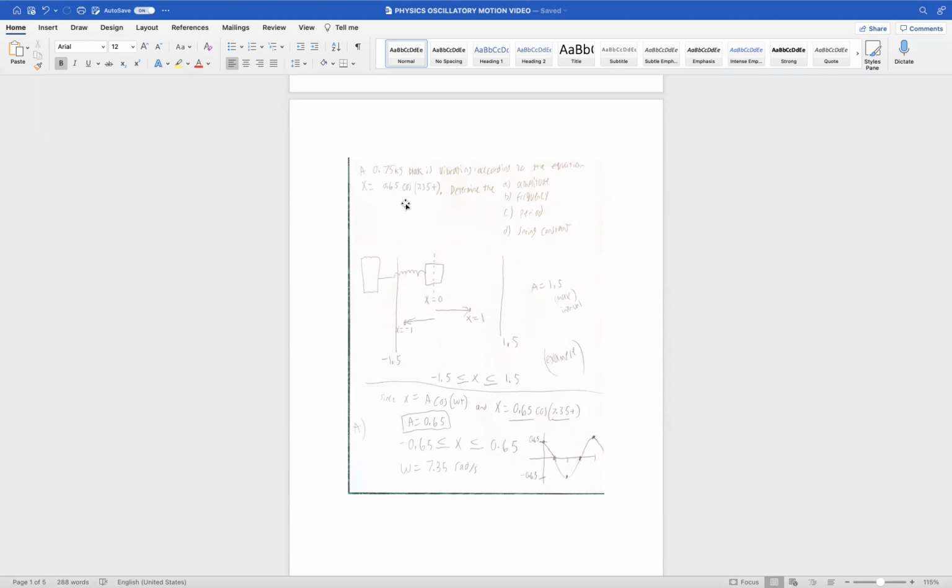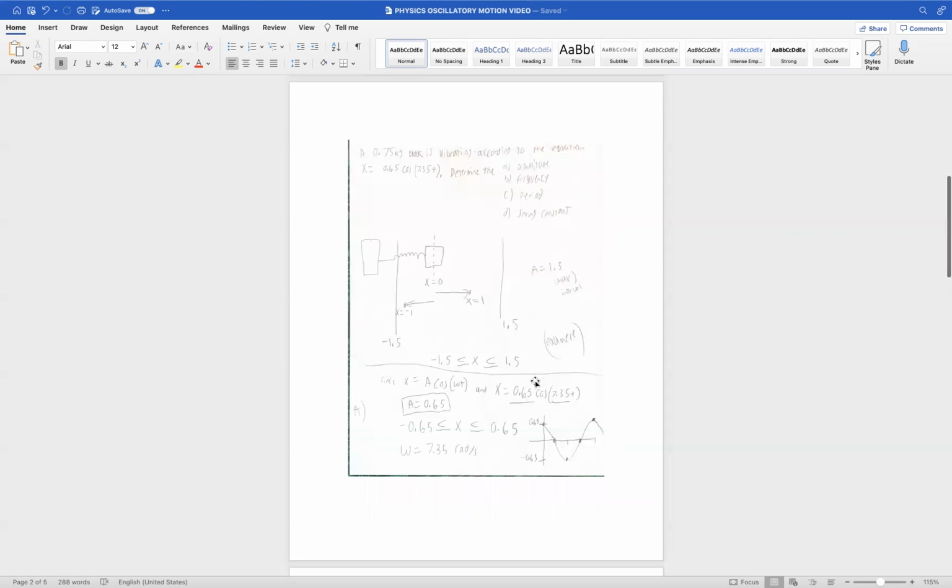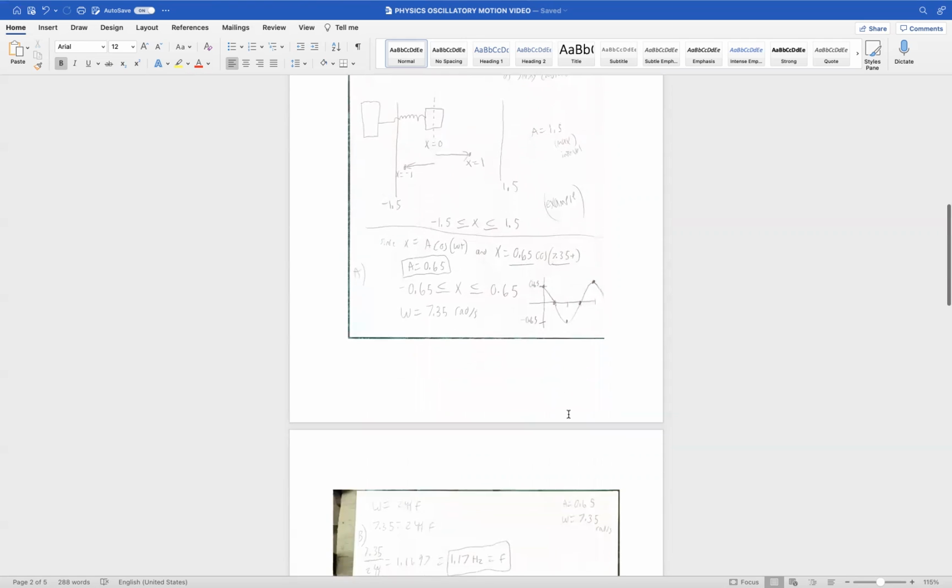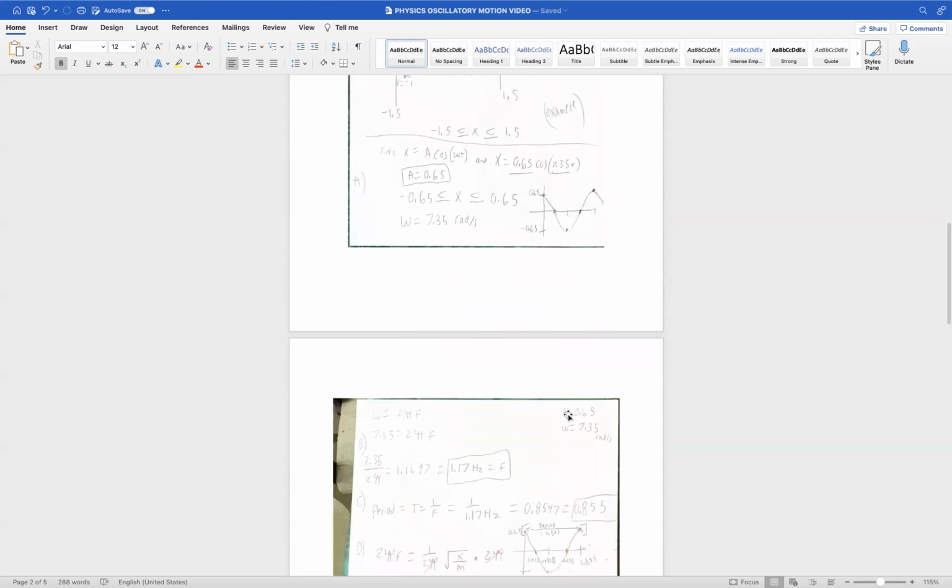So when I plug it in, x equals A cosine wt, this is already done. So 0.65 is the amplitude. Therefore, that is part A. And when you look closer, W is in there as well. So W is 7.35.